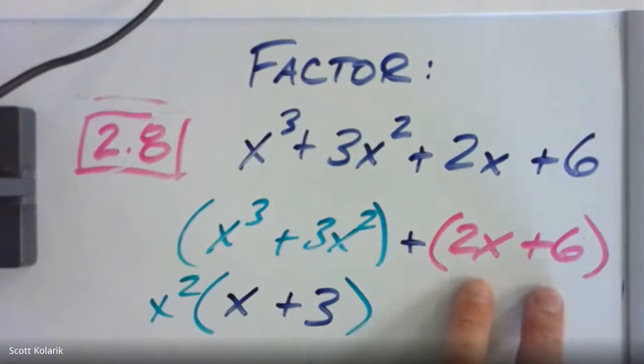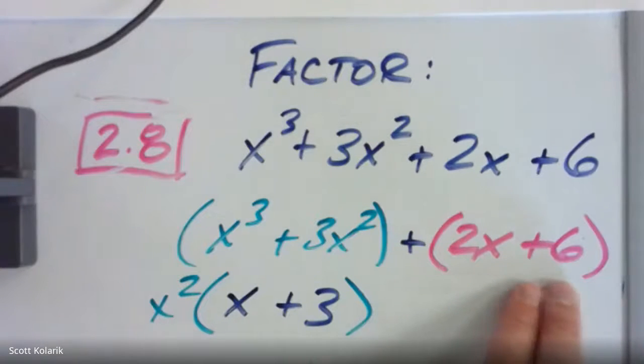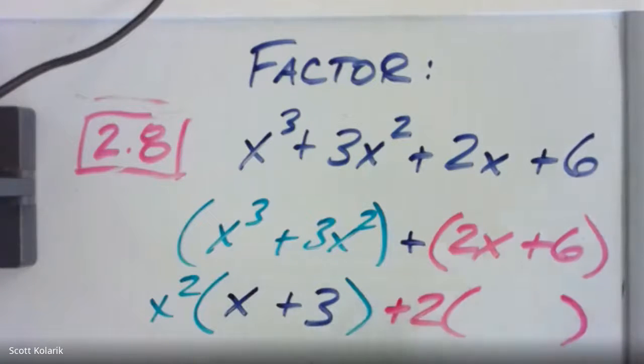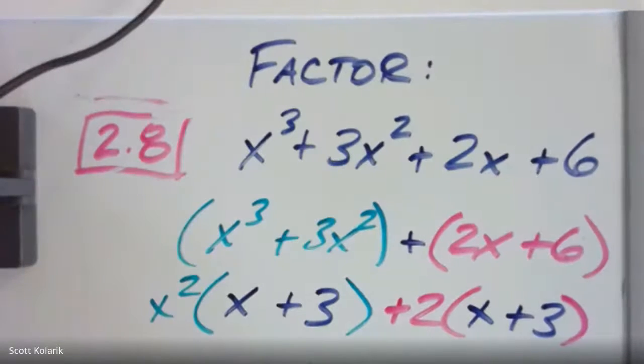In this group, looking for my common factor, the only thing in common between those 2 terms is a positive 2. When I divide 2 out of 2x, I'm left with just x. When I divide 2 out of positive 6, I'm left with positive 3. This is what I'm looking for when it comes to grouping.